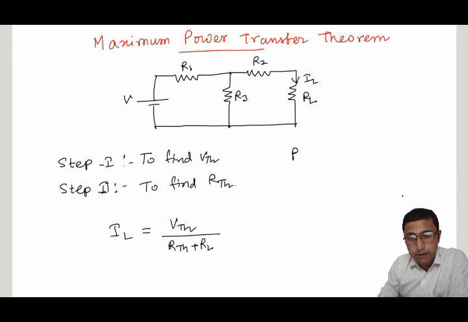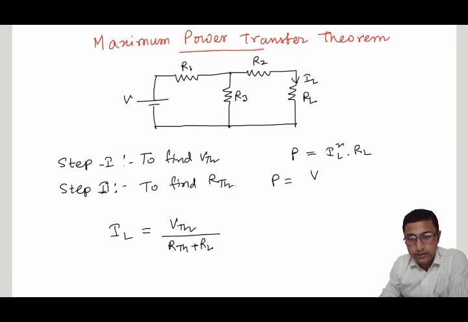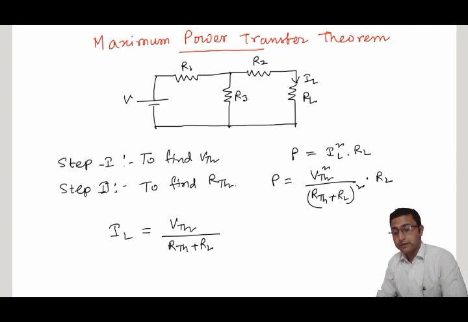Your power is basically IL square into RL, that is the load current square into load resistance, I square R. So if I put the value here, that means VTH square divided by RTH plus RL whole square, that is your IL square into RL. So this will be the expression of power.